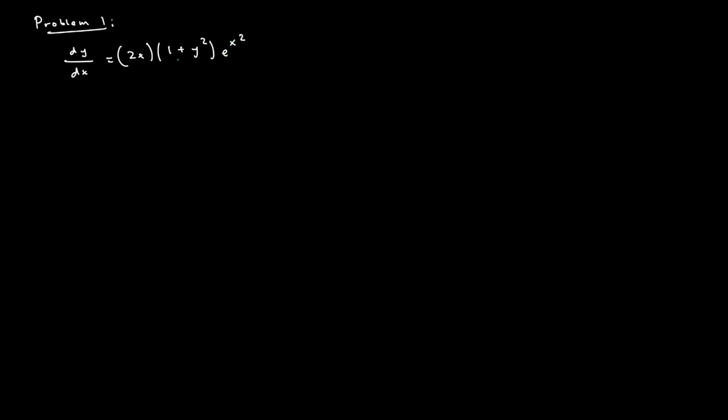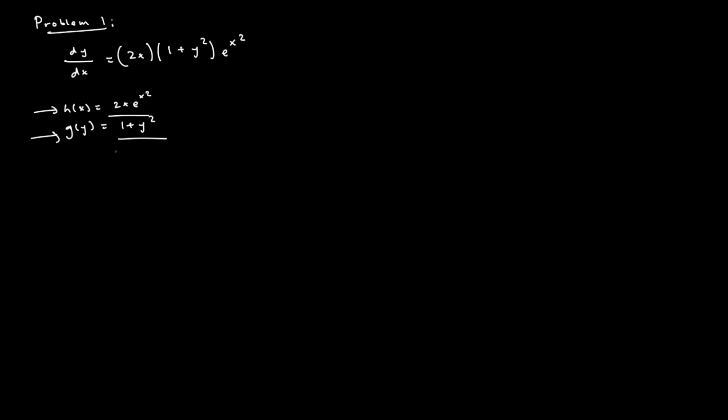Now we can see that this differential equation is separable because we can say h of x is equal to 2x times e to the x squared, and g of y is equal to 1 plus y squared. So I've clearly separated out the original differential equation into a product of two different functions, one fully dependent on x and one fully dependent on y. So we have a separable differential equation here.